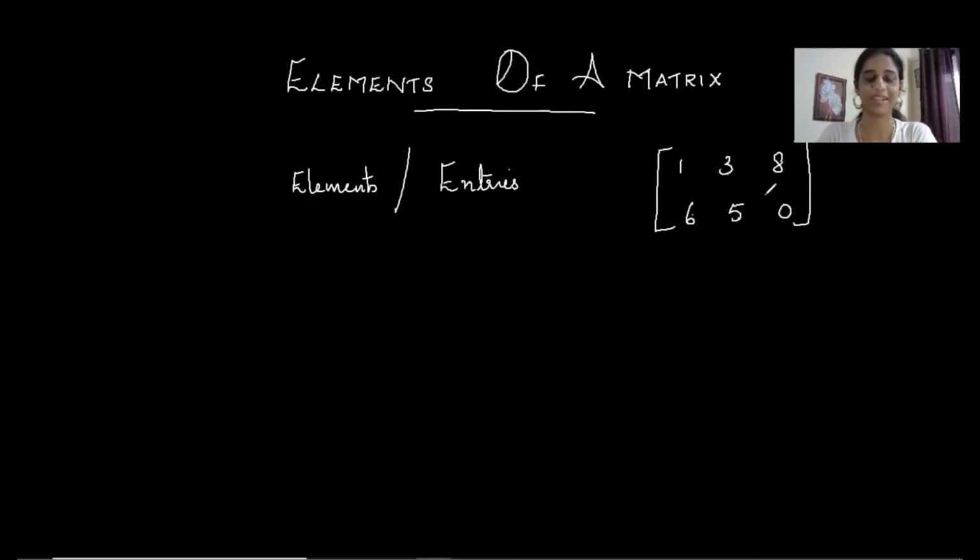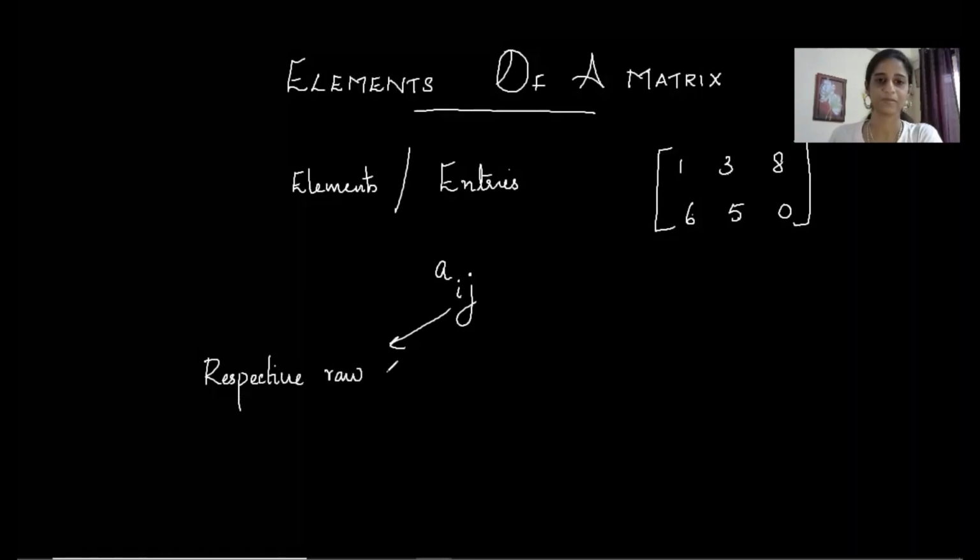There is one symbolic representation of elements of a matrix, that is A_ij, where i is the respective row number and j is the respective column number.